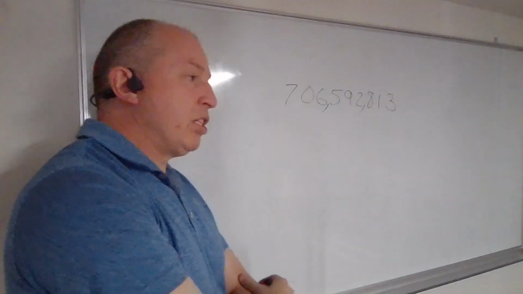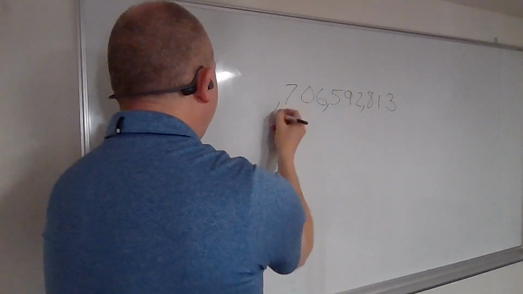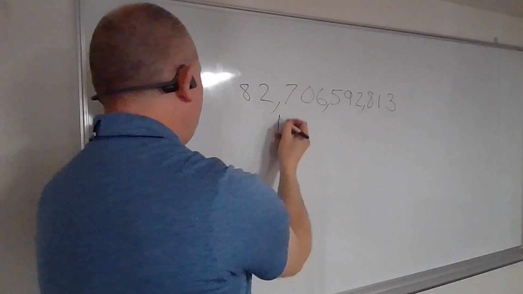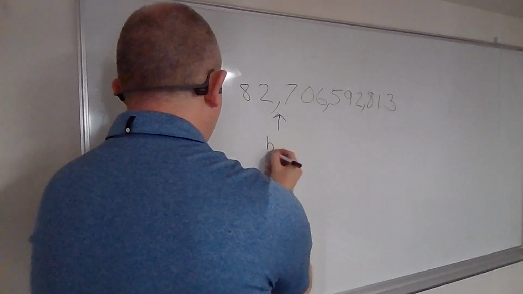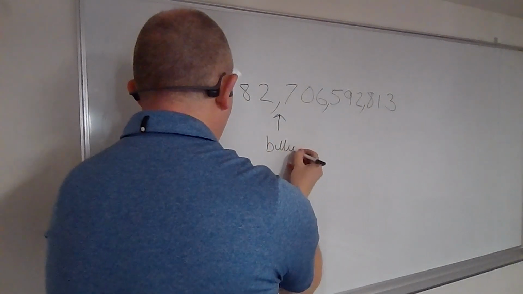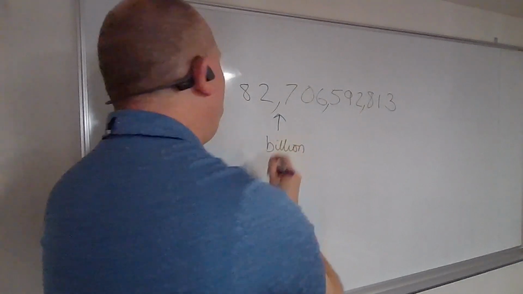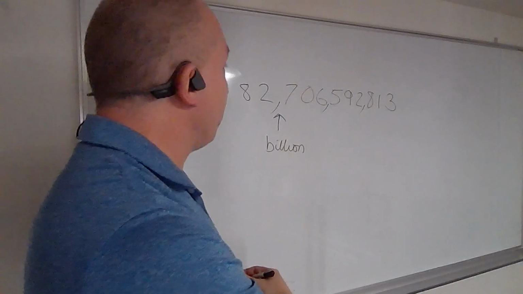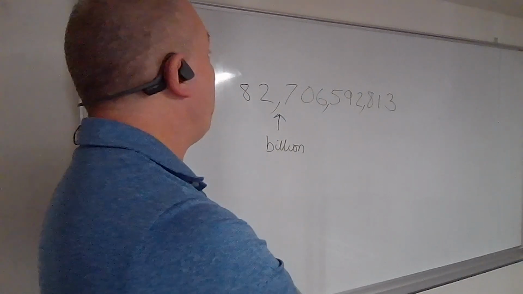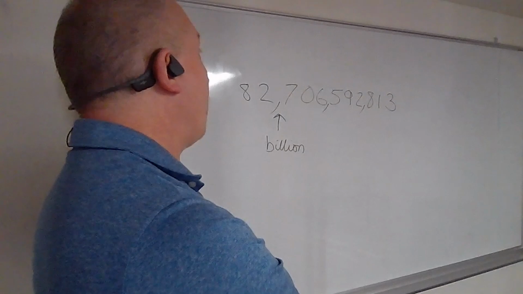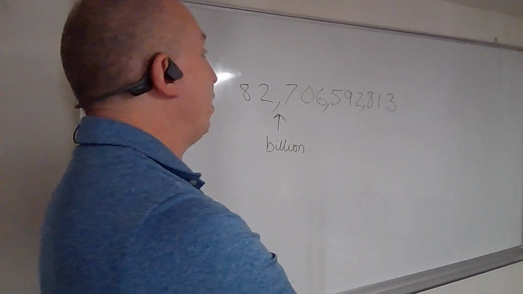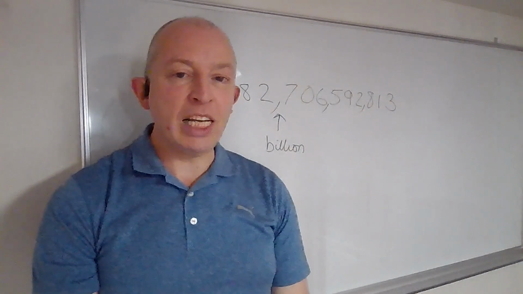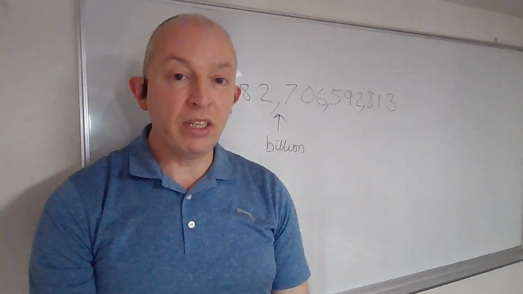Now, some people may be interested to know what numbers would go here. Well, this comma here means billion. 82 billion, 706,592,813. So, I hope that made it much easier for you to say larger numbers.